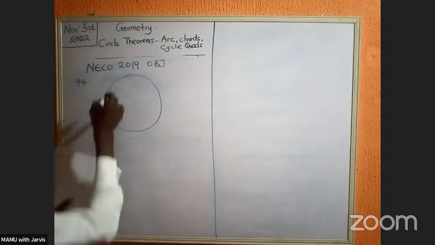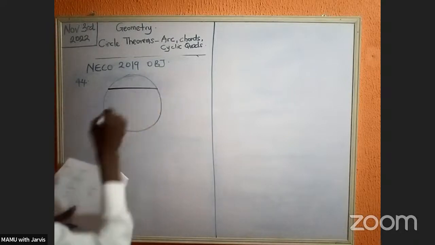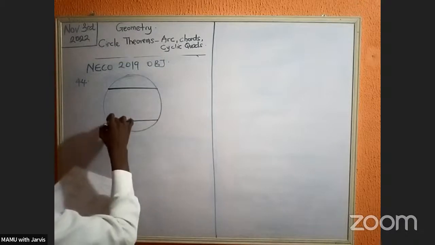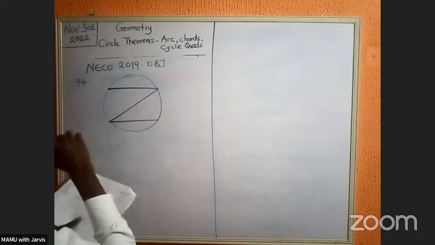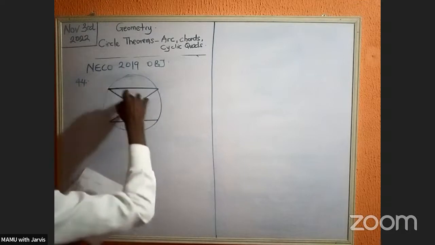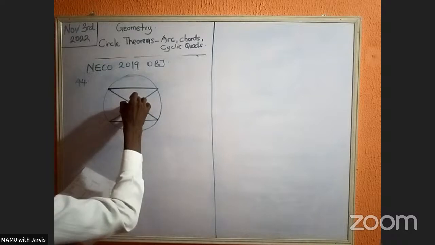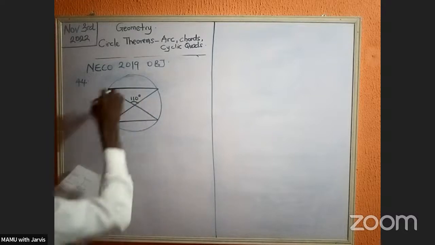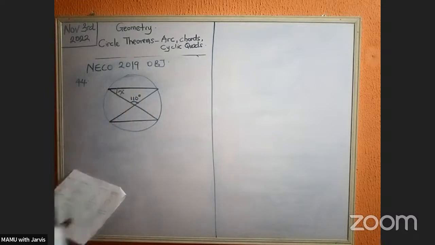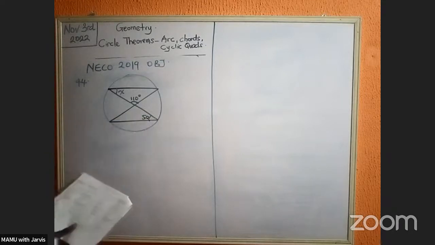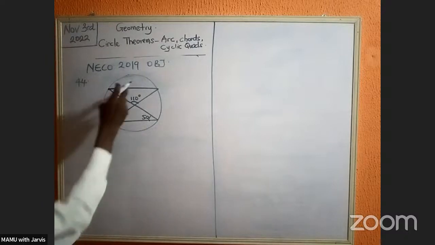This is what my diagram looks like. This is 110. This is X. This is 50. And we are told to find the value of X.